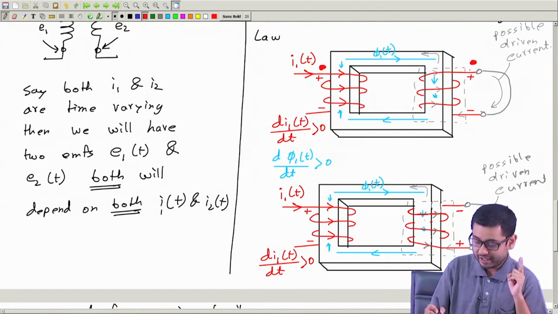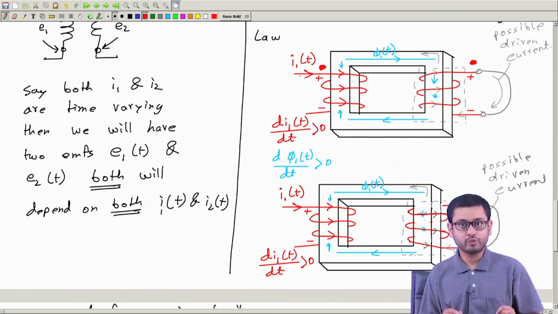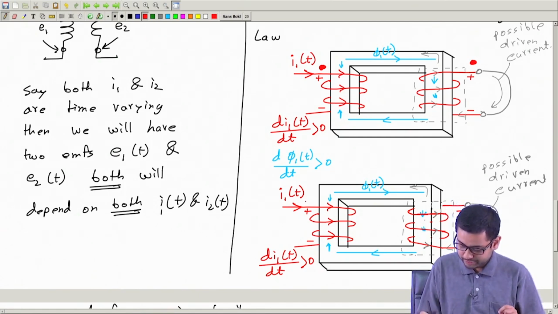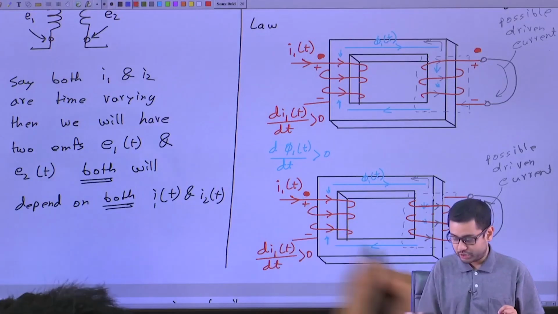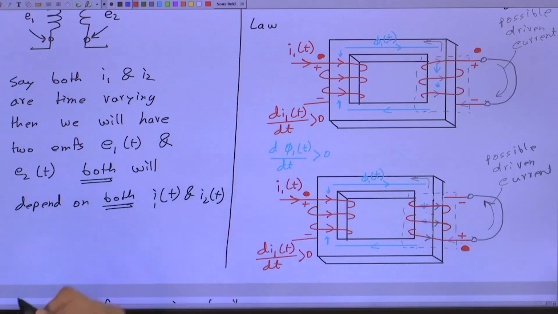So what's the rule? Once again, I repeat the rule. If the current entering a dot is increasing, then the other dot will be positive. Similarly, if this current is entering this dot and this is increasing, I have to put a dot here to indicate that this side will be positive.